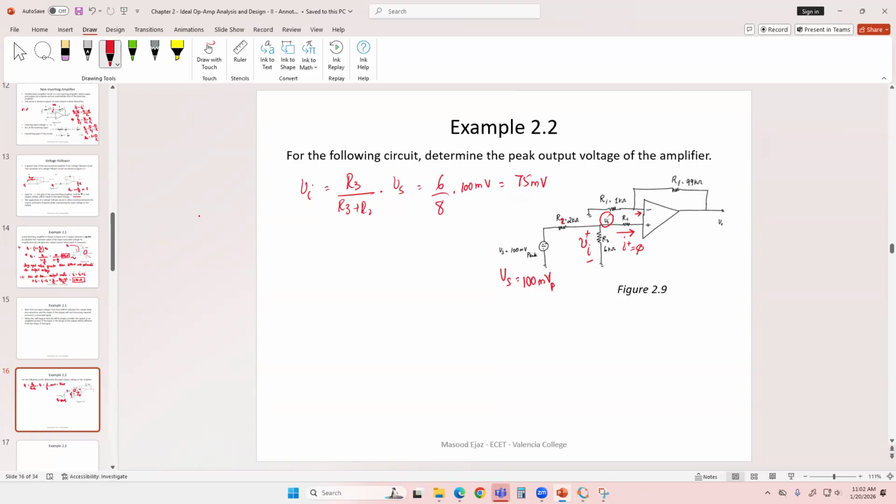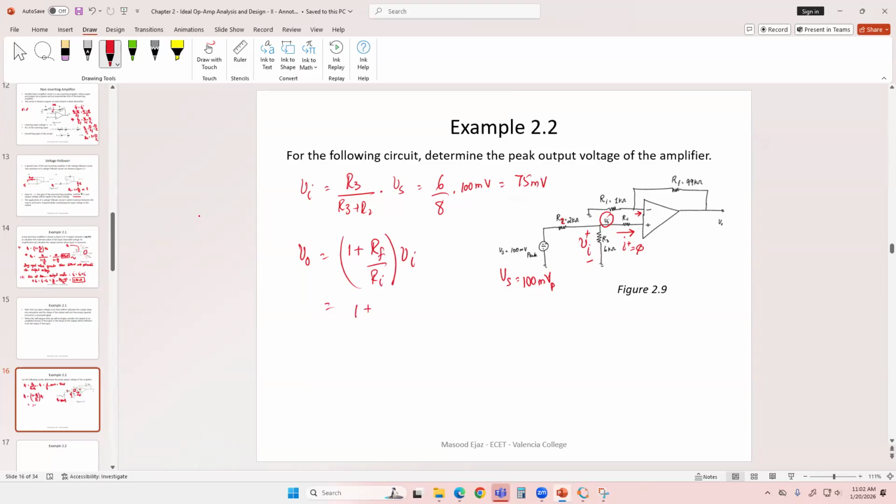So for this, we're going to find out what is the output voltage. Since it is a non-inverting amplifier, the output voltage is simply 1 plus RF over RI times the input voltage. RF is 99 kilo ohm, RI is 1 kilo ohm.